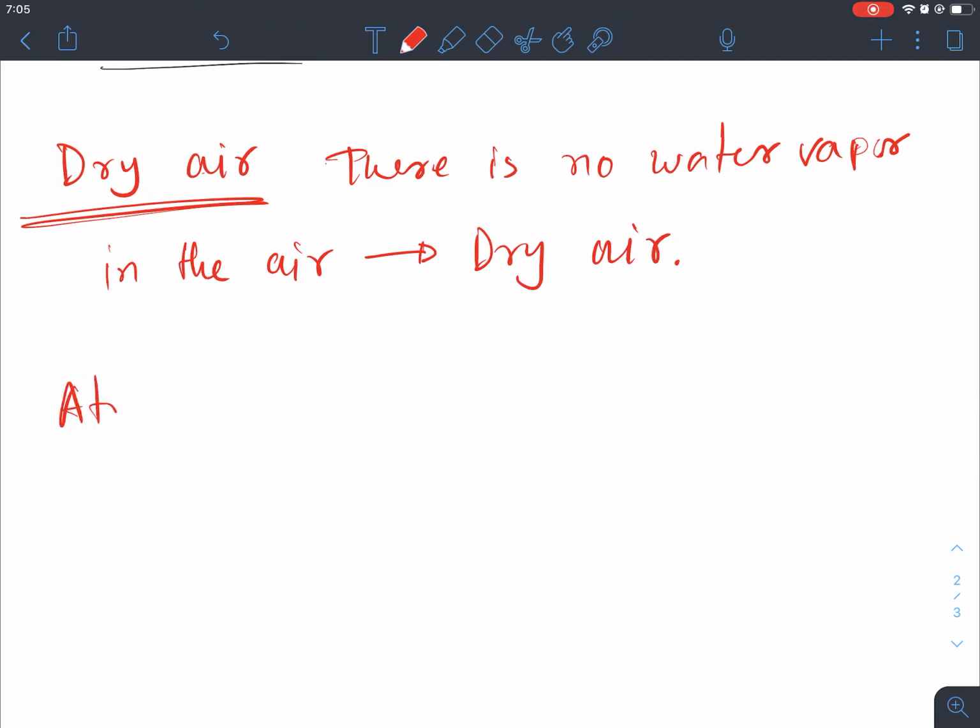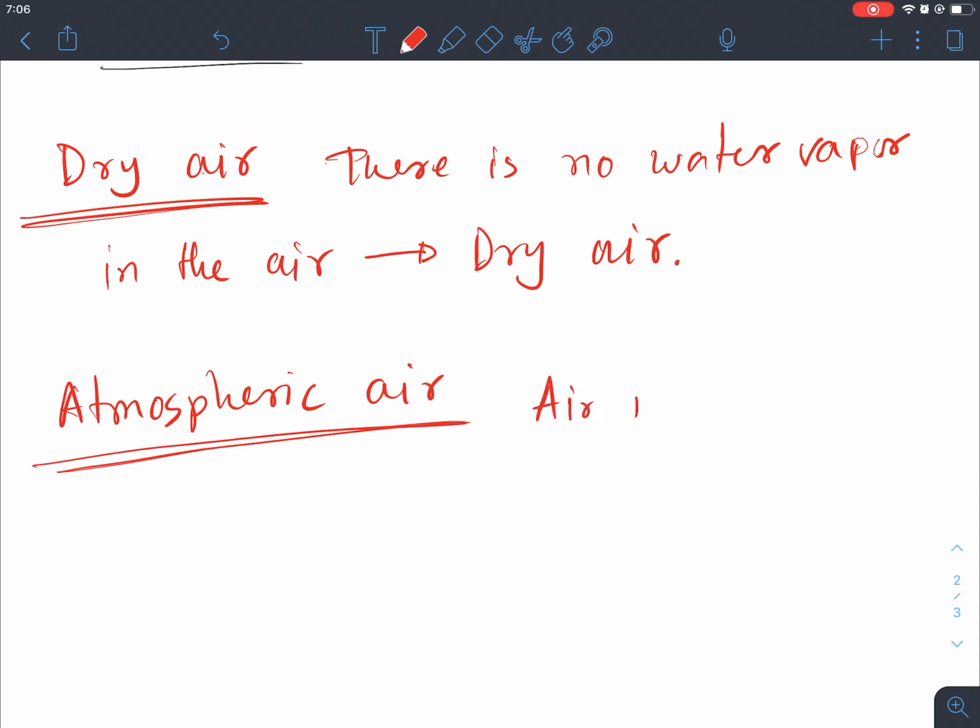However, the atmospheric air is a mixture that includes water vapor.